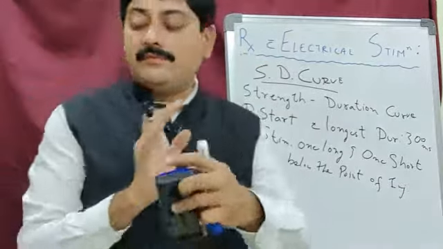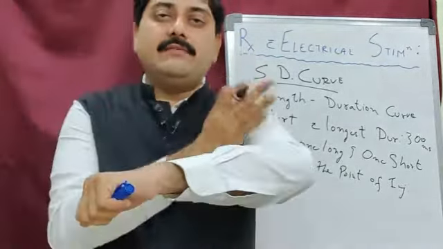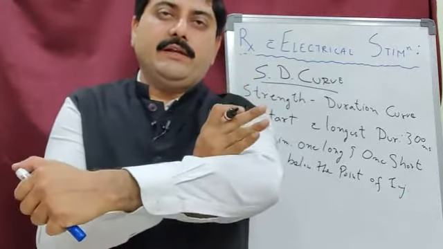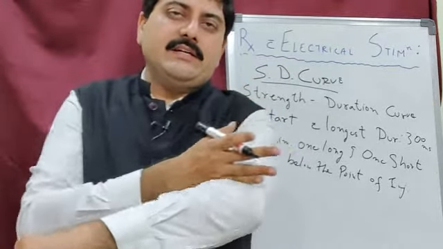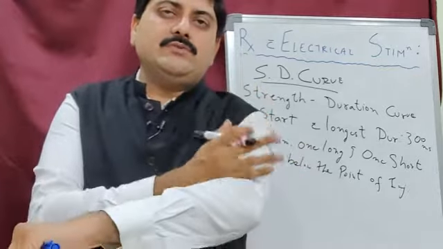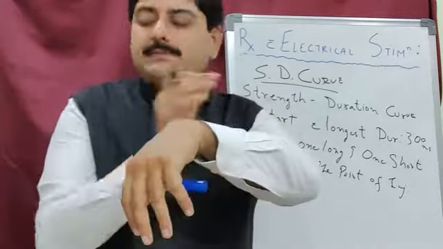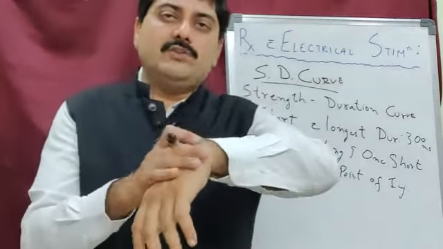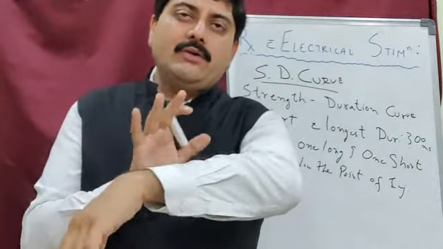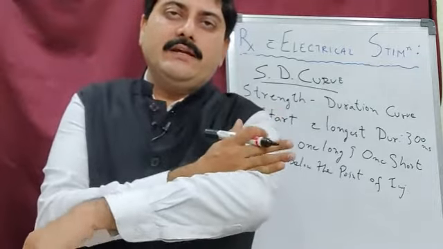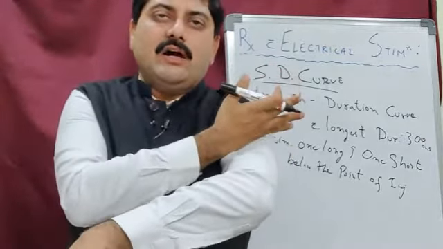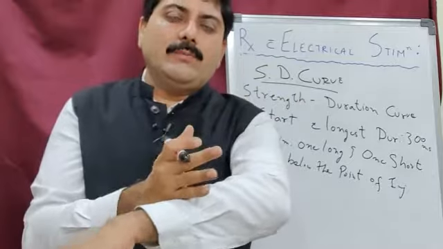Now for example, the patient is presented with an injury somewhere over here. Either he has sustained a fracture in the elbow, or he has sustained some sort of trauma or lacerated or open wound over here, and then the patient is presenting with a wrist drop. So you have to find out whether the nerve is injured over here, above, or whether it is injured in the lower portion.